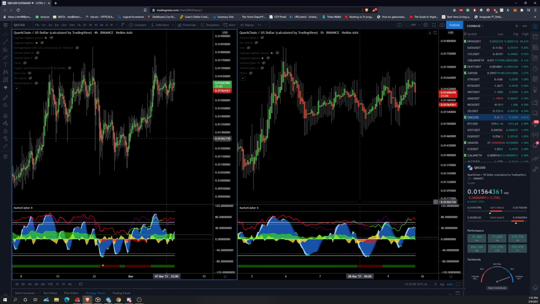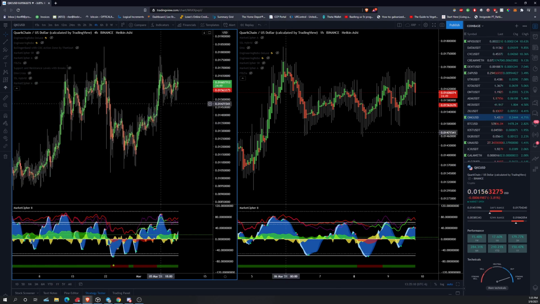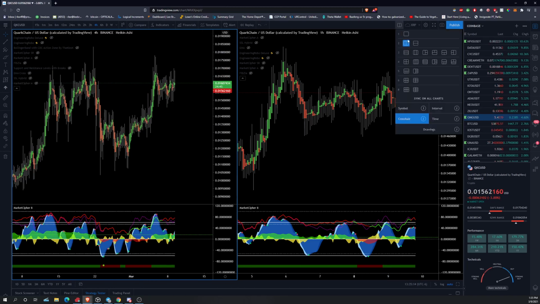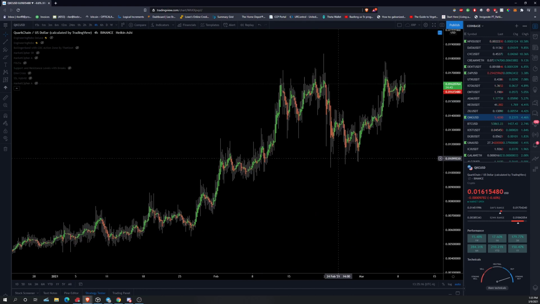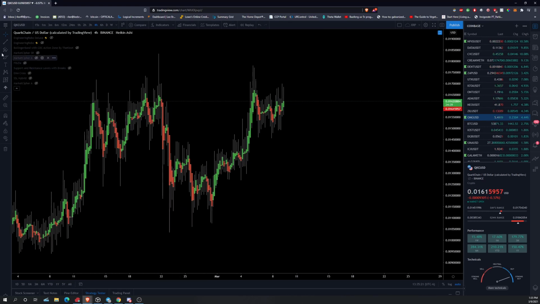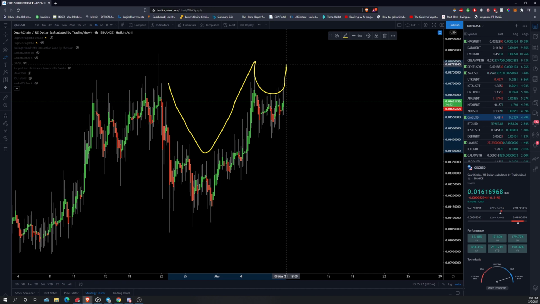Yeah, I think I was looking at QKC earlier, and from a real basic TA standpoint, it looks great because, let's see, oh yeah, here it is right here. Let me widen this out. So here's what we call an Adam and Eve pattern. It'll come down like this, and then it'll do one of these.